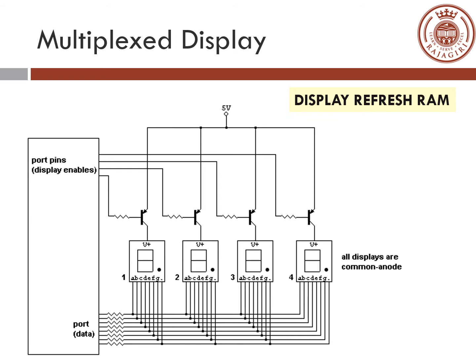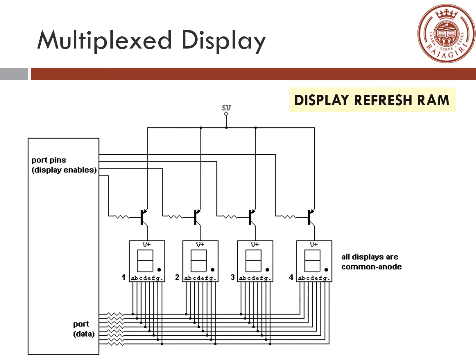So only the first LED is lit and it has been given the correct character code to show what is required. After a certain time, the first LED is turned off, again by turning off its transistor which connects to the anode, and the port outputs the value for the second LED, and the upper pins of the port turns on the second LED.